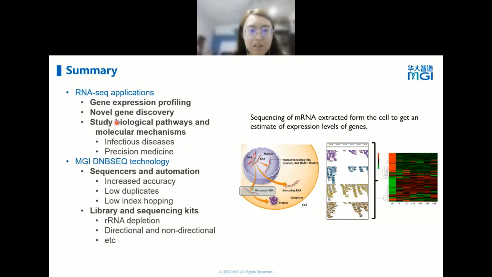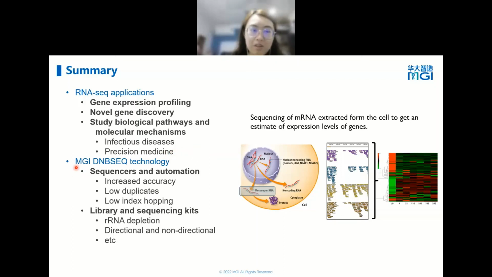Whatever method you use, our end goal for RNA-seq is always to understand what is going on at the biological level and the molecular level. This can be widely applied in infectious disease and precision medicine. An example is the COVID-19 virus, and precision medicine is mostly in cancer or genetic-related diseases.